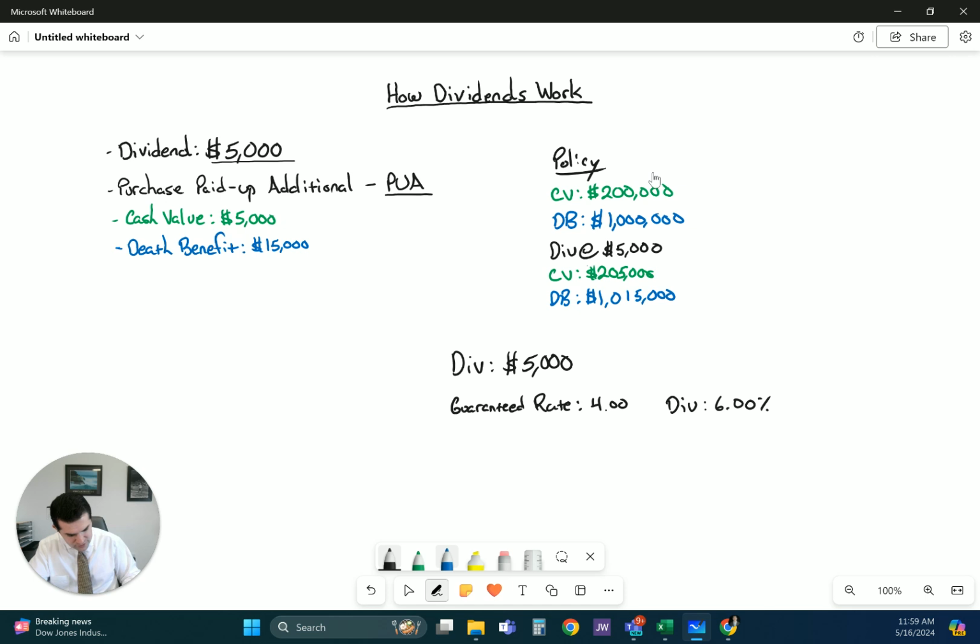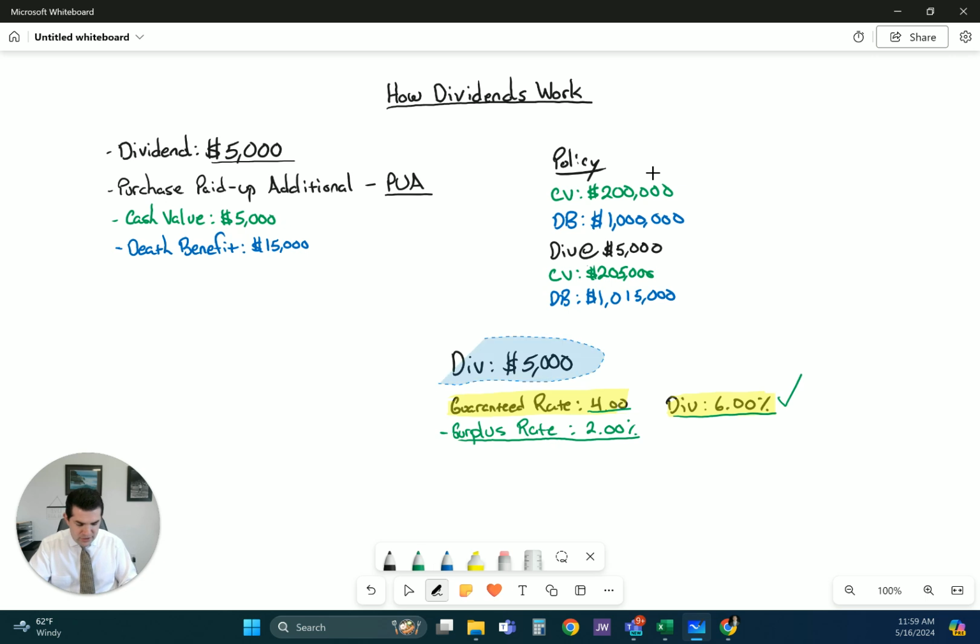So what that means is the company had a surplus rate of 2%. They had their total dividend rate. They had their minimum guaranteed floor that never changes for her. And then the difference between what they make public, you can Google search what's their dividend rate. We see it's 6%. The difference between that and the guaranteed rate is your surplus rate.